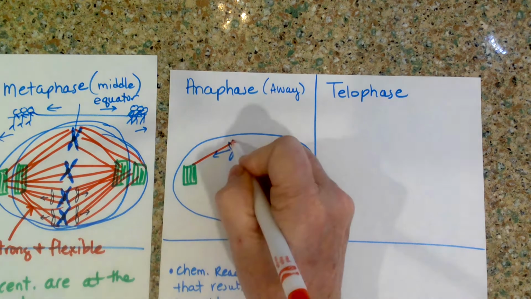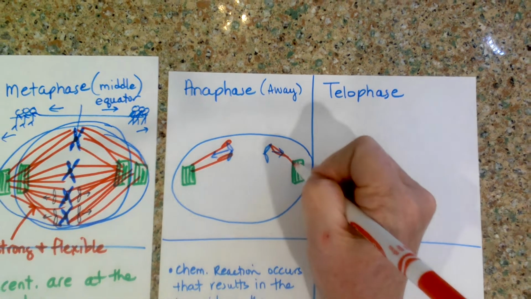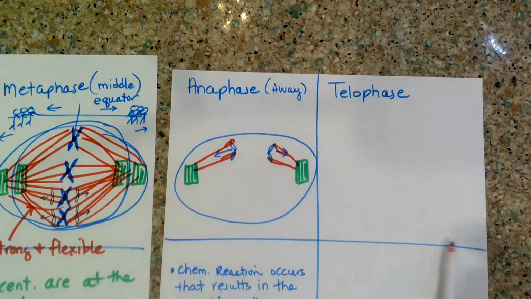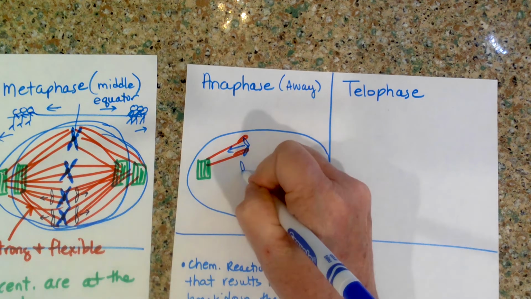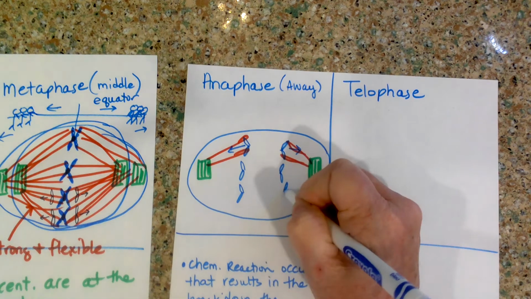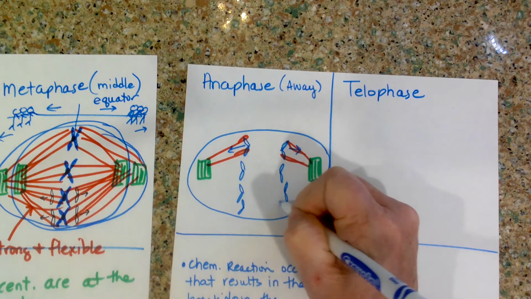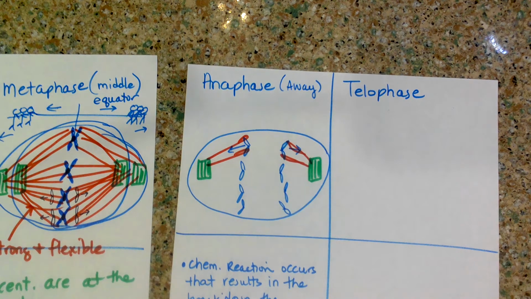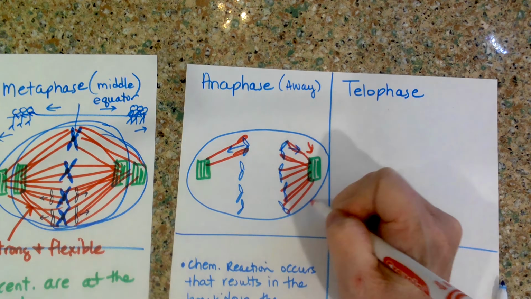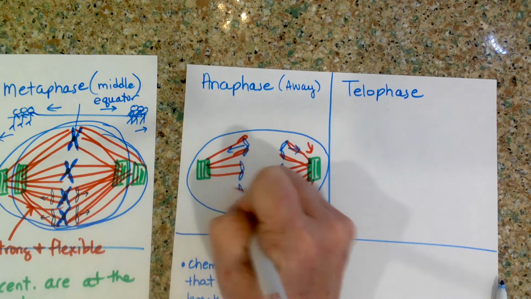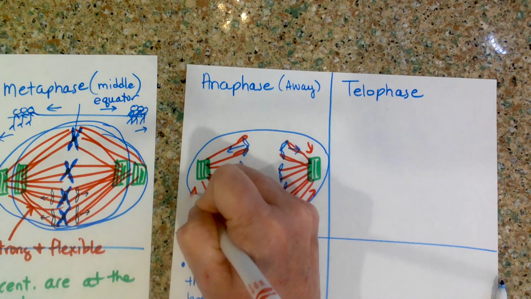And remember, they're attached by spindle fibers. So these spindle fibers are going to pull them towards their pole. So second one gets ripped in half, third one gets ripped in half, fourth one gets ripped in half, okay? With spindle fibers pulling them all back towards the pole, okay? And rapidly, all right?